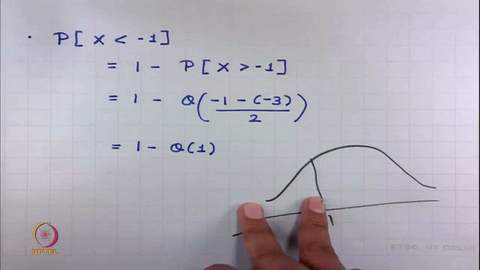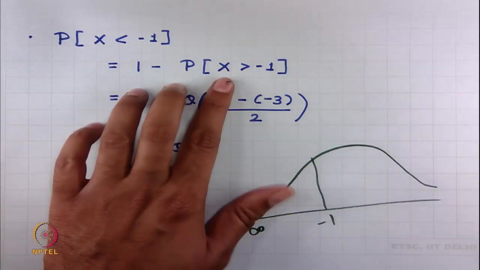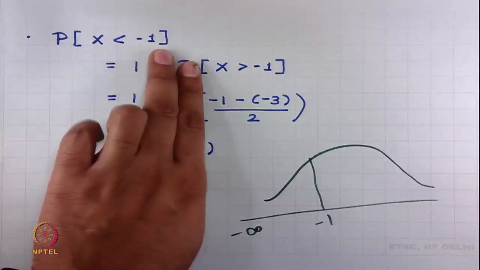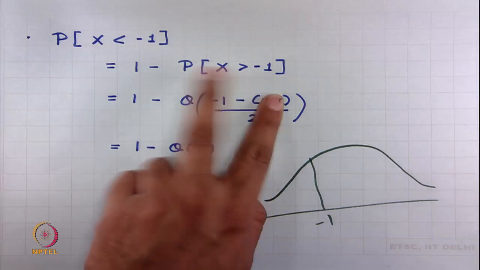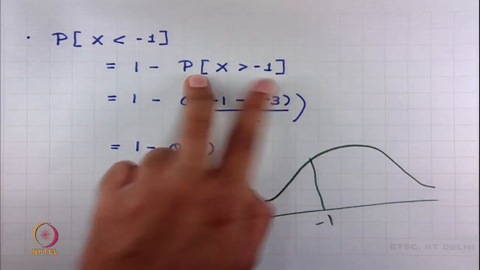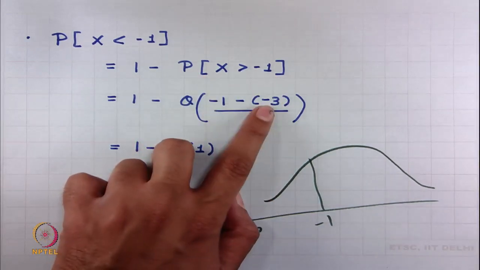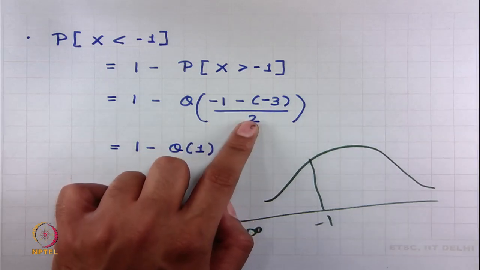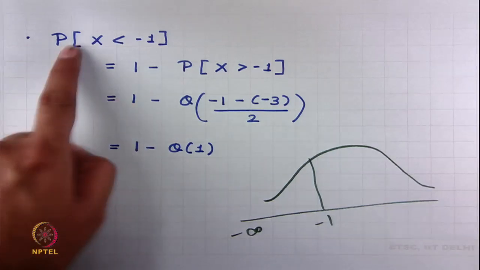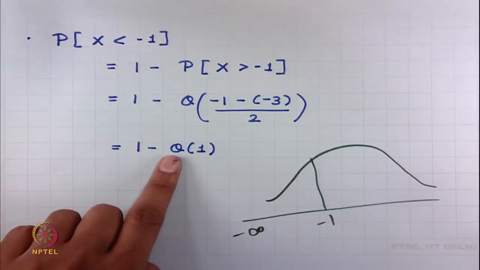So, this part is 1 minus this part, and that is what we are doing here. Probability of x less than minus 1 is 1 minus probability of x greater than minus 1, and we know how to solve this. So, minus 1 minus the mean is minus 3, divided by the standard deviation, which is 2. So, we get this probability as 1 minus Q of 1.